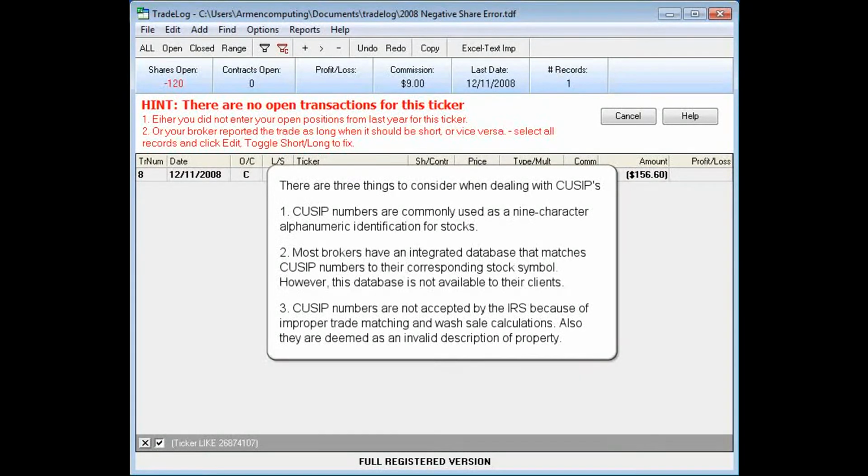Most brokers have an integrated database that matches CUSIP numbers to their corresponding stock symbol. However, this database is not available to their clients. And 3. CUSIP numbers are not accepted by the IRS because of improper trade matching and wash sale calculations. Also, they are deemed as an invalid description of property.